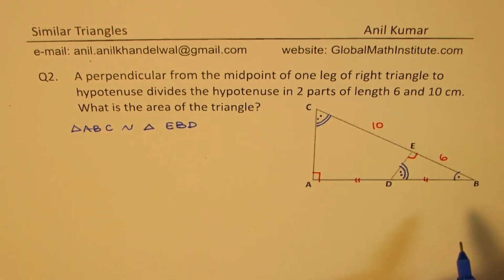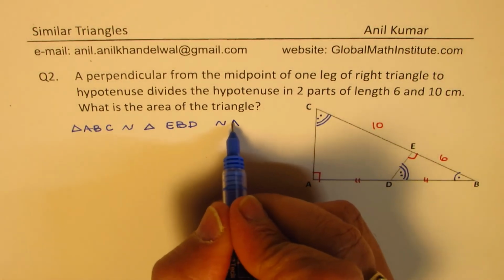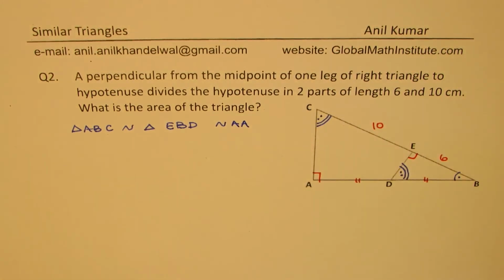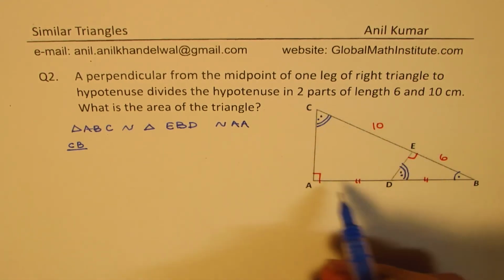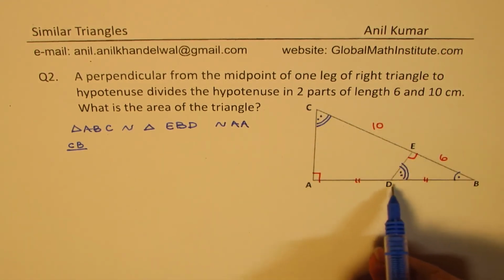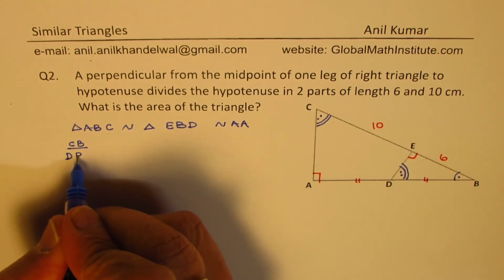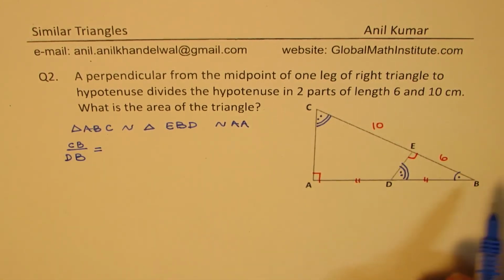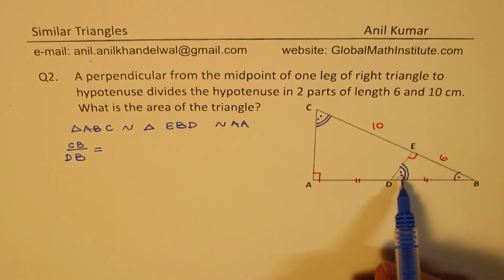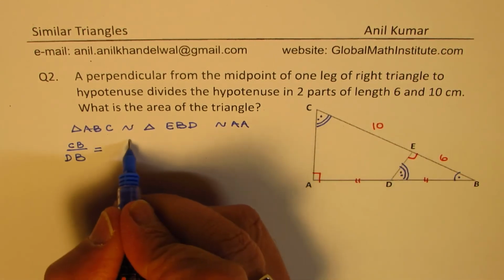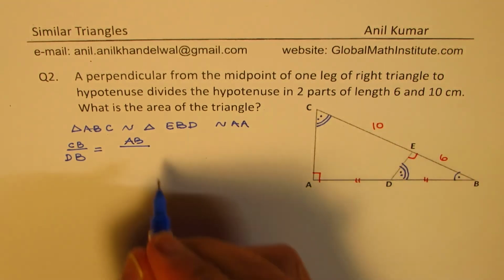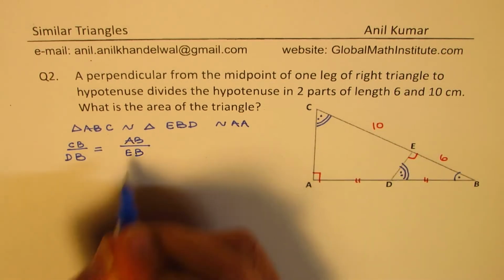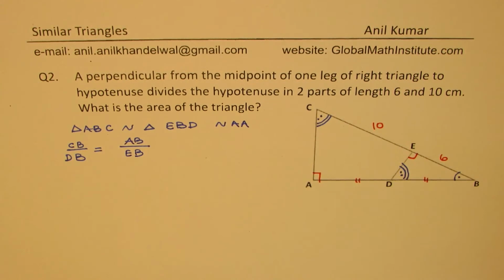So the ratio of sides, right, from the angle property, CB, that is opposite the right angle, over DB, should be equal to, now opposite this side is AB, over EB. Perfect.